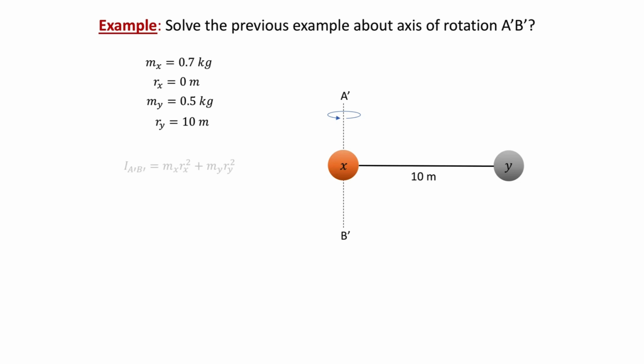So again, the total moment of inertia is mx rx squared plus my ry squared.